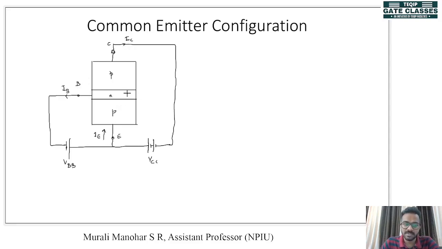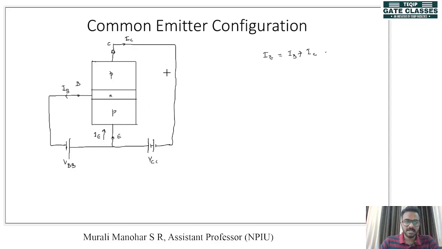All these things we have seen in common base configuration. So we know that IE is equal to IB plus IC, right? Emitter base junction is forward biased, collector base junction is reverse biased. So most of the holes coming from emitter will go through the collector base junction. So IC and IE are almost the same.